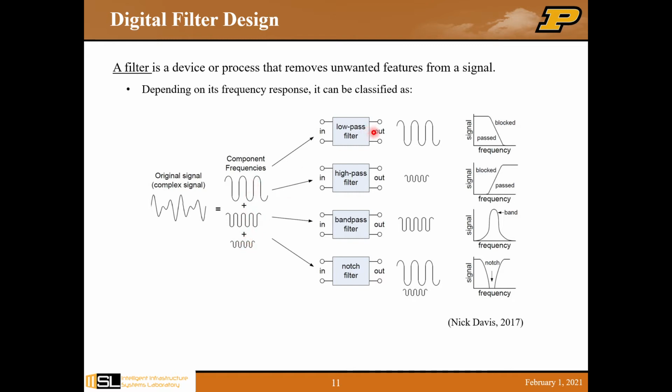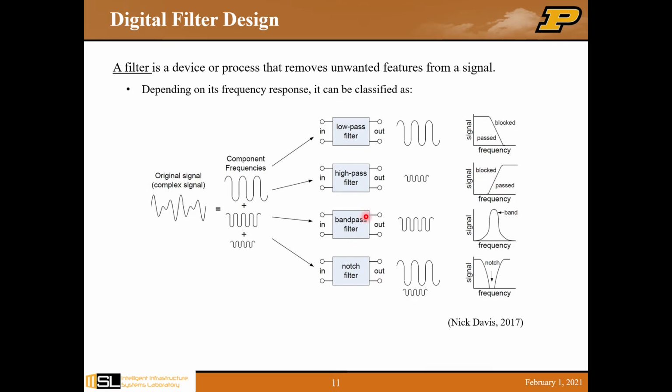The low-pass filter removes the high frequency components, but only lets the low frequency components remain. And the high-pass filter operates in the opposite way. It passes the high frequency components, but blocks low frequency components.